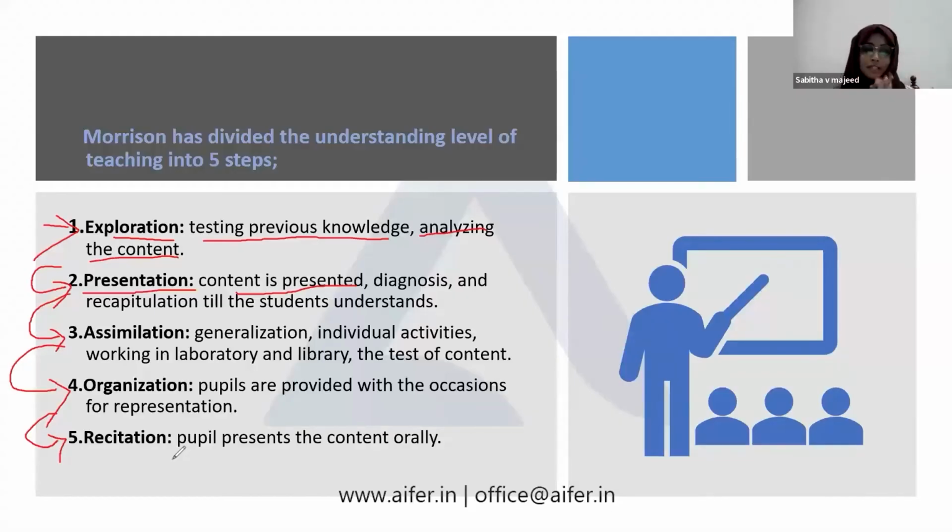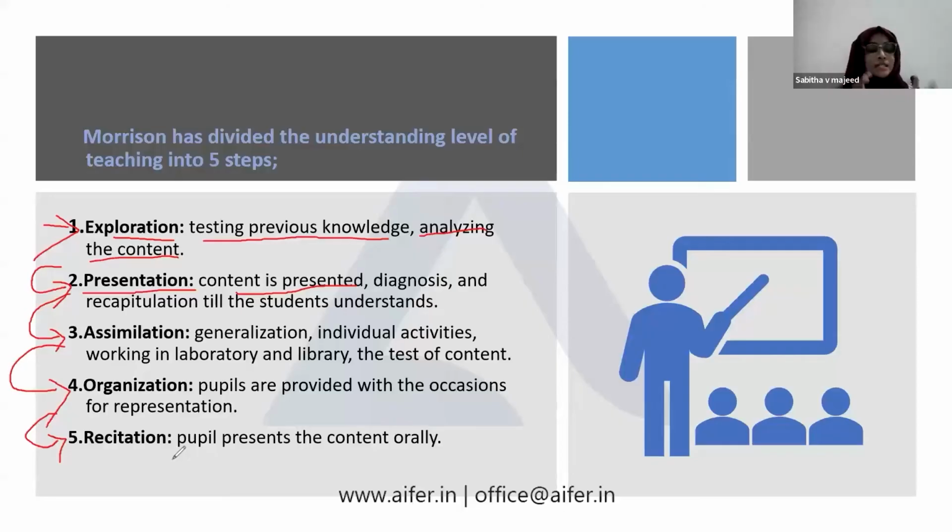The first step is exploration. The second step is presentation. Then the third one is assimilation. The fourth one is organization. And the fifth and last step is recitation. In the exploration stage, the teacher will be testing the previous knowledge of the student. In the presentation stage, the content is presented by the teacher. In the assimilation stage, the teacher will be giving an activity based on the content.